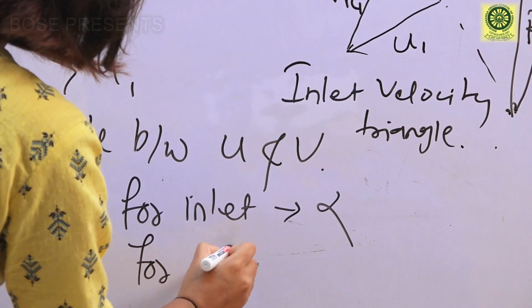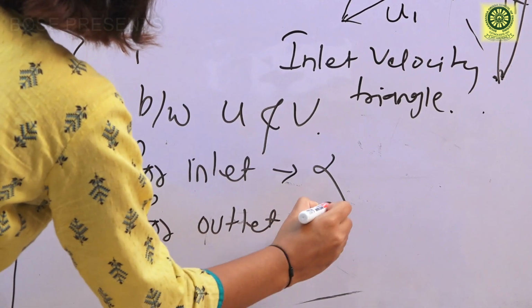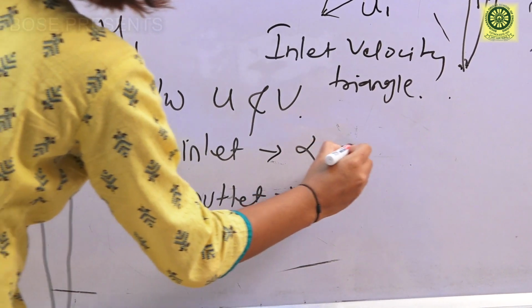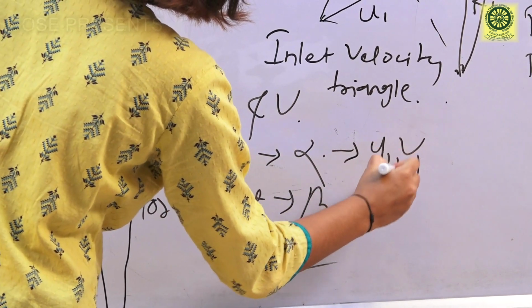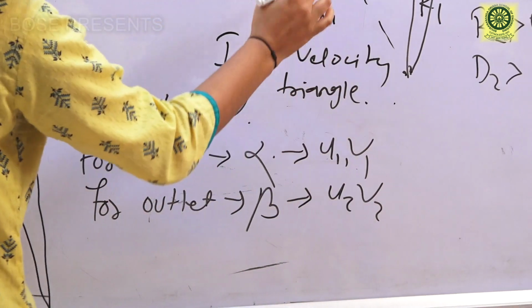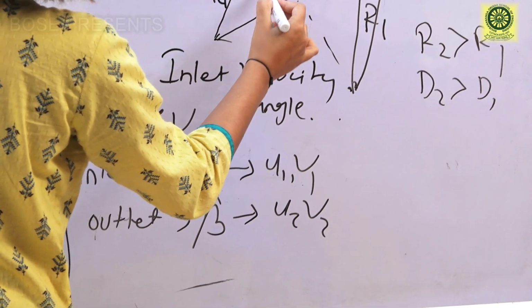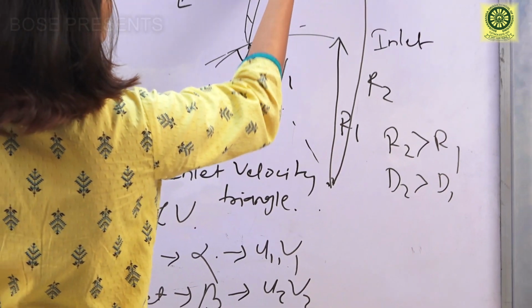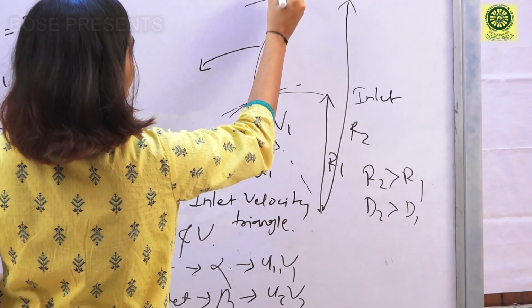For outlet, this is denoted as beta. That is, alpha is the angle between U1 and V1, and beta is the angle between U2 and V2. So here U1 and V1, this will be alpha, and U2 and V2, this will be beta.